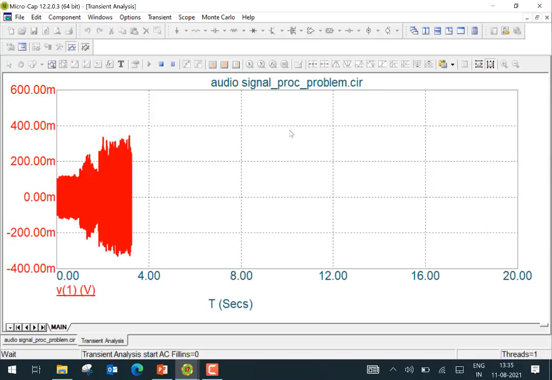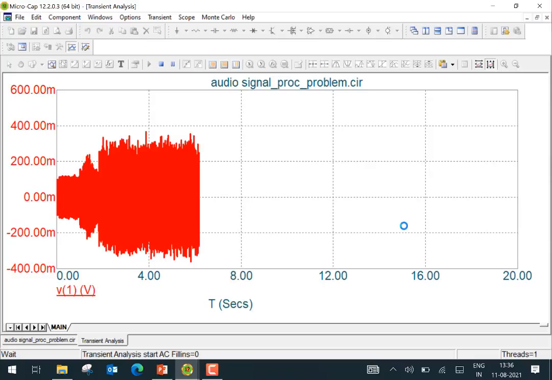This is my audio signal, corrupted by a 1 kilohertz sinusoid. It will take some time for the simulation to occur.